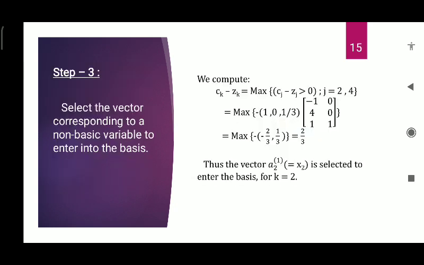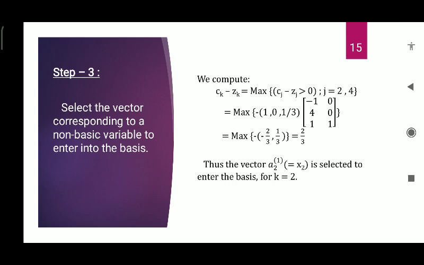Similarly, we are going to select the corresponding non-basic variable to enter into the basis. For that we calculate ck minus zk, which is nothing but the maximum of cj minus zj greater than 0 for j equal to 2, 4 only.